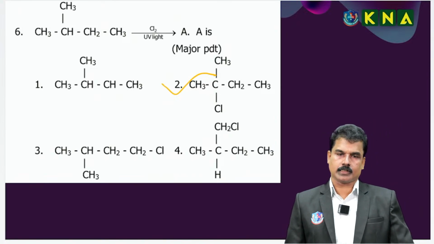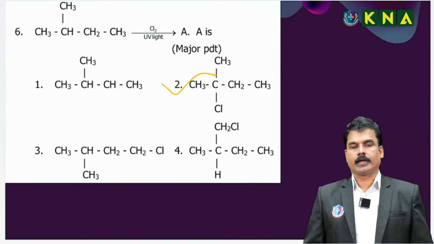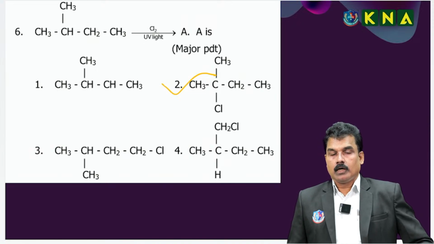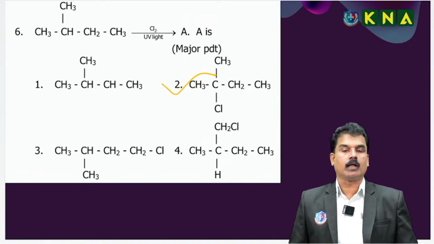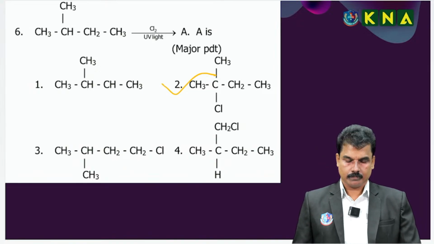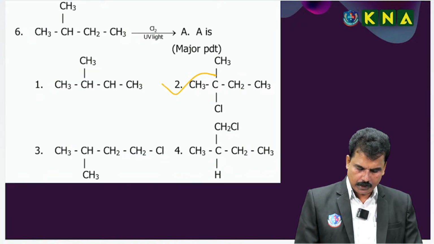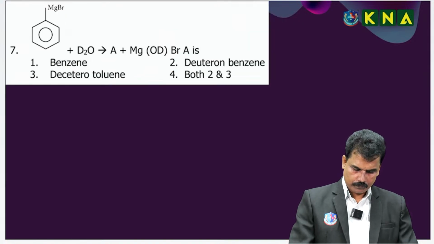Free radical mechanism. One of the C-H bonds will be breaking and you will be getting a free radical. Among these replacements of hydrogen, which free radical will be most stable? That will be the most stable product. Is it clear? Okay. Shall we move to the next question?